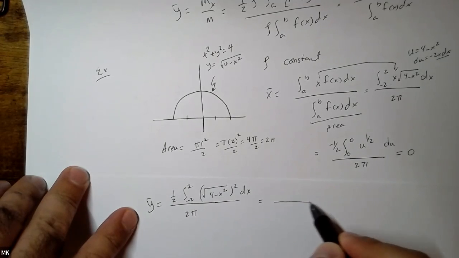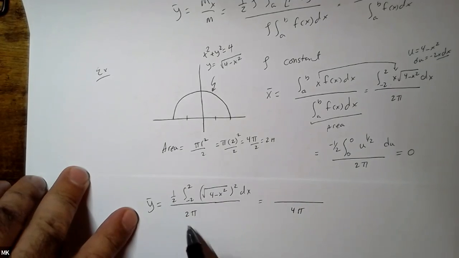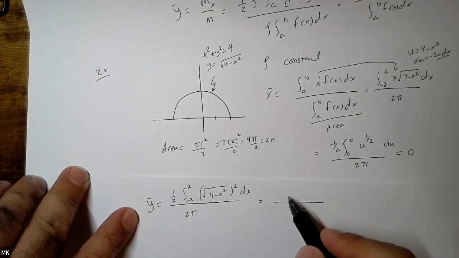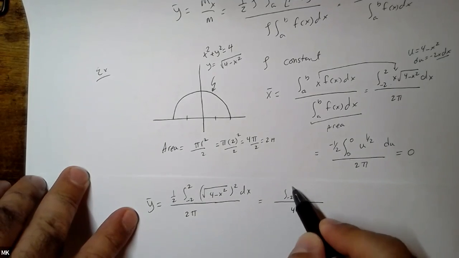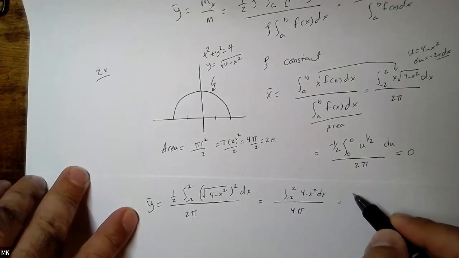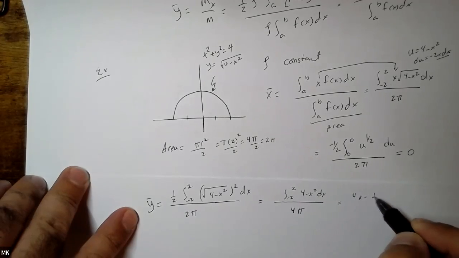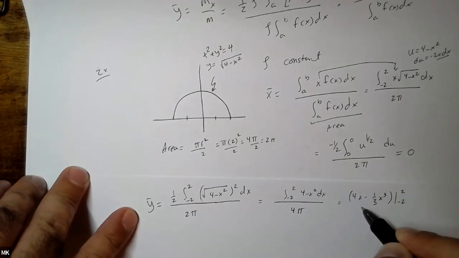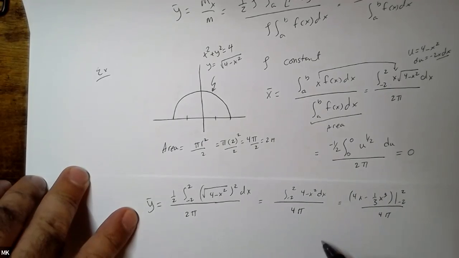So you get 4 pi in the denominator, the 1/2 and 2 pi giving you 4 pi. The integral from negative 2 to 2 of 4 minus x squared dx gives 4x minus 1/3 x cubed from negative 2 to 2. That is 8 minus 8/3, if I plug in the 2, plus 8.